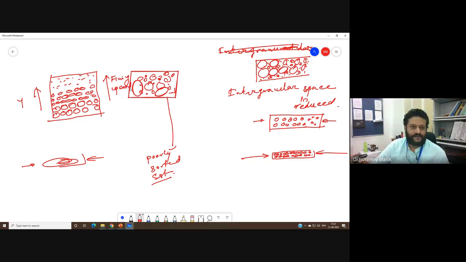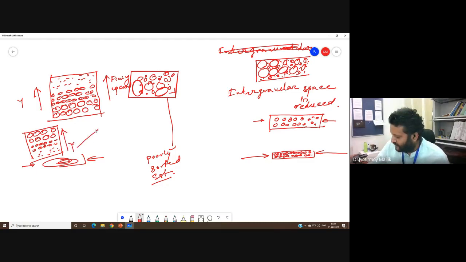Fining upward sequence. Okay. Now it can be the other way around. If we find the coarser grains at the top and then the mid-sized population, and then the finer grains, and this is the direction of younging, then we will call it a coarsening upward sequence.